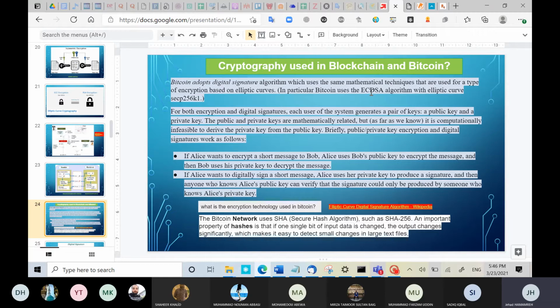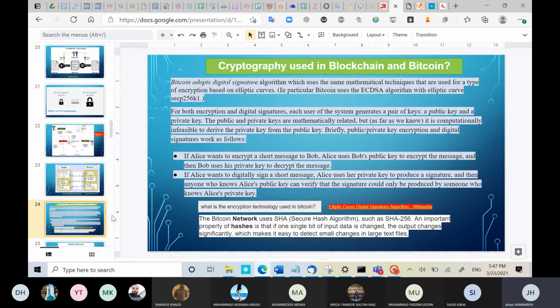The output will completely and drastically change, which makes it easy to detect small changes in large text files. That's why we call blockchain immutable. Nobody can fake it or manipulate it. It's because of this feature.